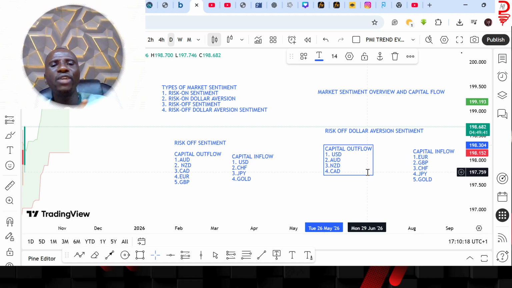So if you want to take a decision, you will be looking at where the capital is flowing out of, because we have risk on dollar aversion now. Where is the capital flowing out of? Where is it flowing in? That is how you pair your currency. And of course, you can now look at the fundamental storyline, then merge it with the technical storyline before you take a position.